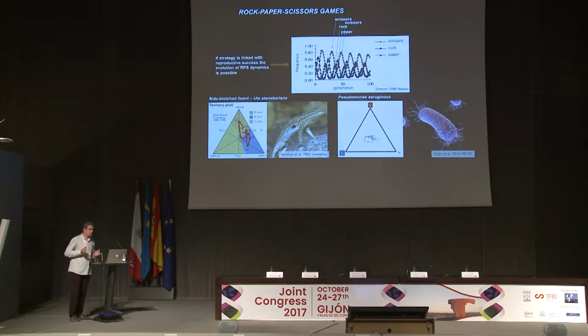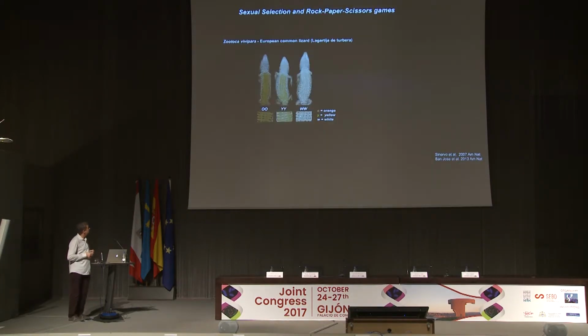What is common to most of these examples is that they're short-lived, that there exists no generational overlap. There's only one exception, and this is the European common lizard, where males exhibit three morphs, orange, yellow, and white, where rock, paper, scissors-like dynamics have been shown.